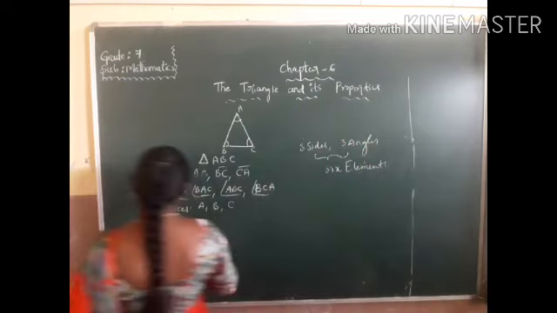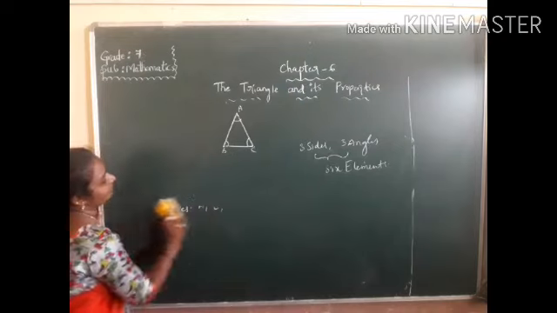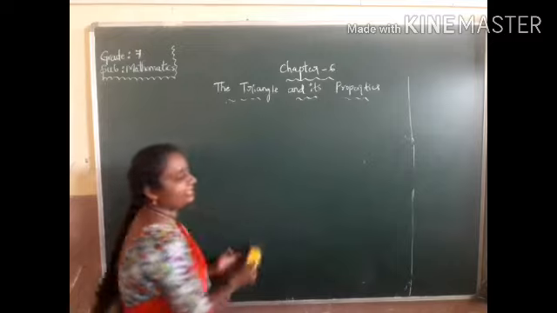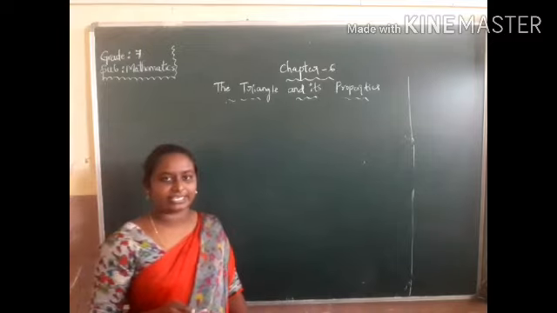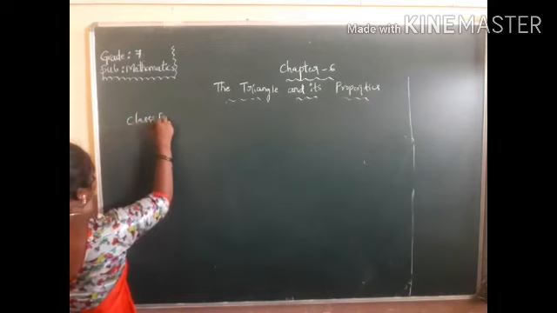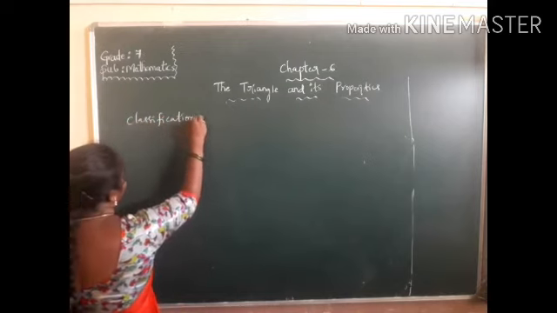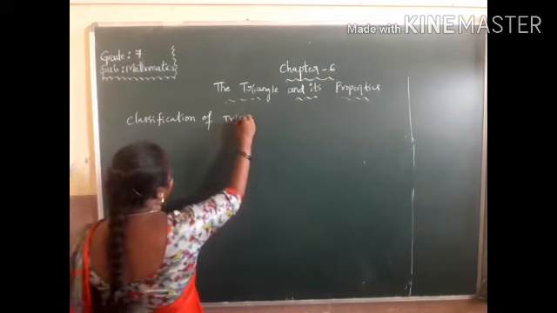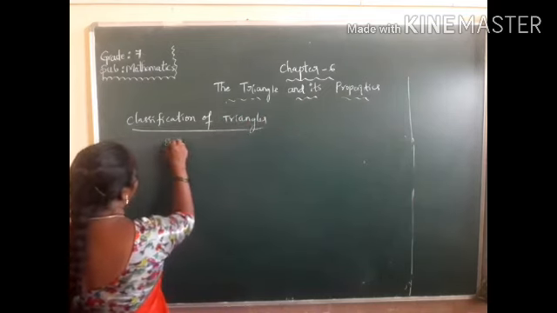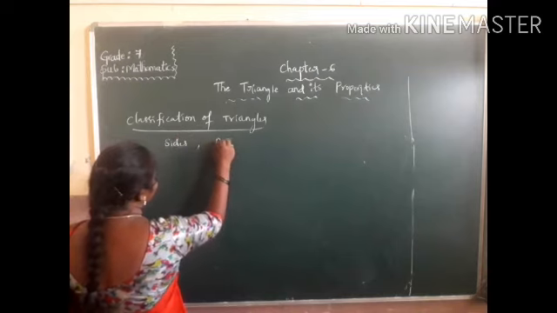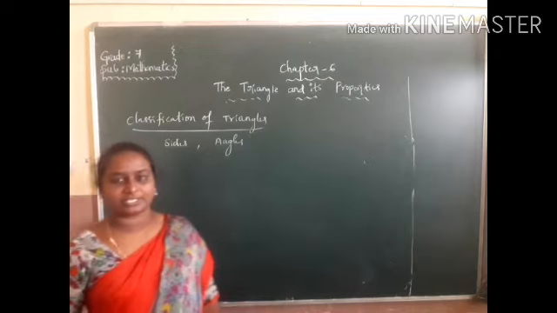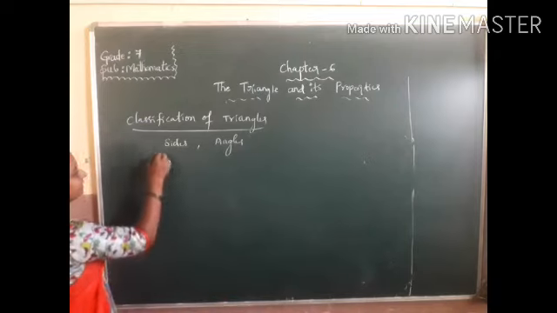Now we can see how triangles are classified. The classification of triangles is based on sides and angles. Based on sides, how many types of triangles? Yes, 3 types.